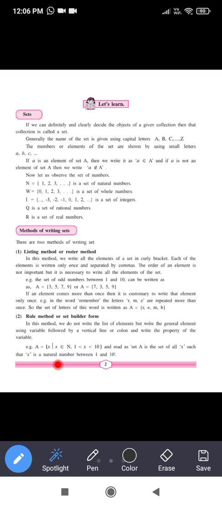Understood? The equal sign is read as "is", the curly bracket is read as "set of all", and the variable used, all x if x is the variable, all y if y is there, and the vertical line or colon is read as "such that", and then you state the property of that element. Here x is a natural number between 1 and 10, so x belongs to the natural numbers and it is between 1 and 10.